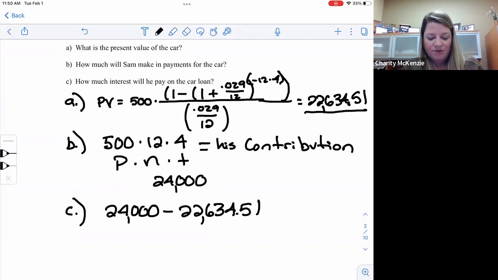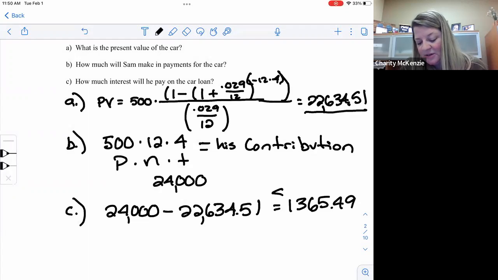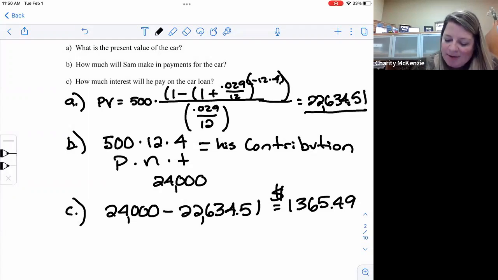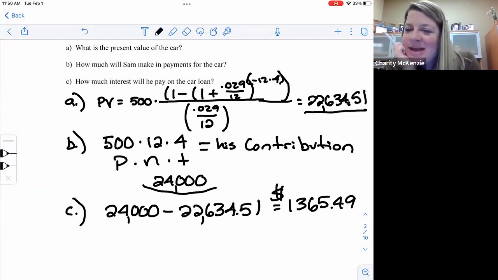So you do have to pay the interest. 22,634.51. So I'm paying $1,365.49. I'm paying that much in interest. So you're always going to pay a little more than it's worth. We know that's the way it's going to be, right? But can you see why I have this formula?